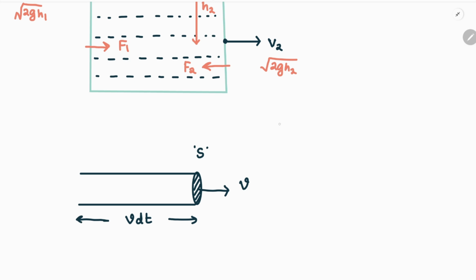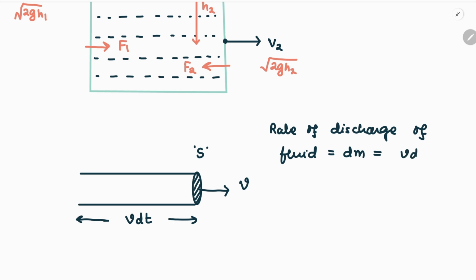So over here, if I write the rate of discharge of fluid dm, then we can write it as the volume enclosed with v dt, so v dt length multiplied by area S. This is the volume, multiplied by density.